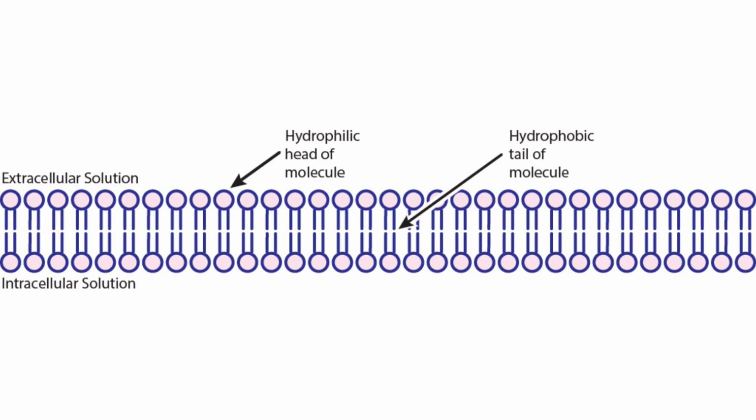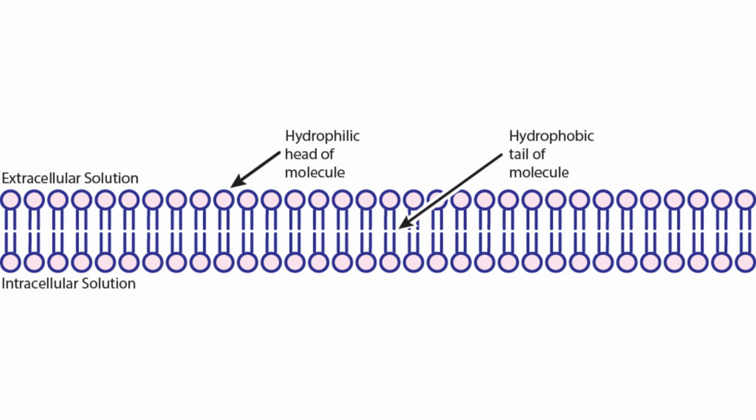Now, this type of configuration is really important because most ions and large polar molecules cannot pass directly through this lipid layer. In other words, the phospholipid bilayer is selectively permeable. It bars or stops the free flow of charged particles, or ions, while allowing some small uncharged molecules to diffuse.